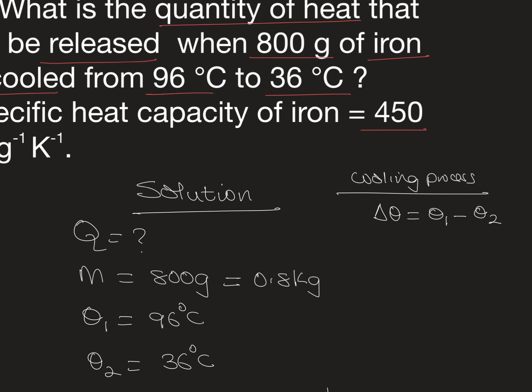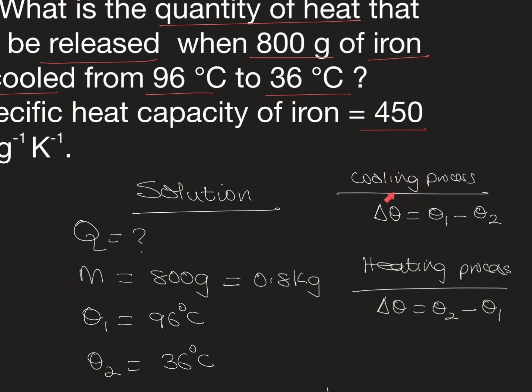But if you are dealing with a heating process, that is when the object is acquiring heat, delta theta will be equal to theta 2 minus theta 1. So what you have to understand for both cases, the difference will be the higher temperature minus the lower temperature.